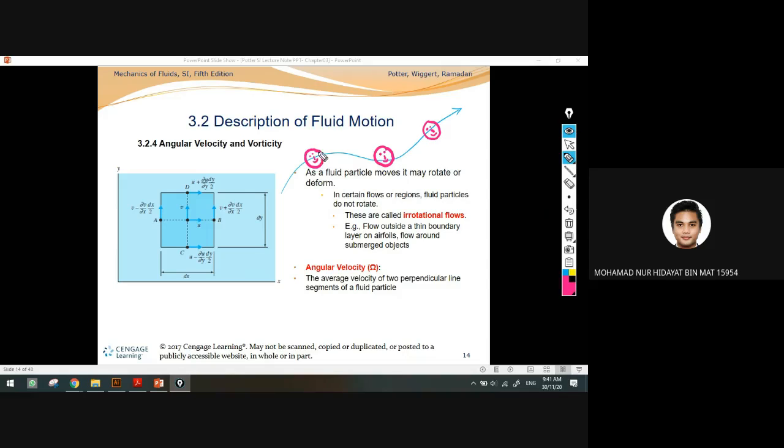However, in certain cases it might not be like this at all. The fluid motion in this case might be, for example, this. The fluid motion is rotating like this.